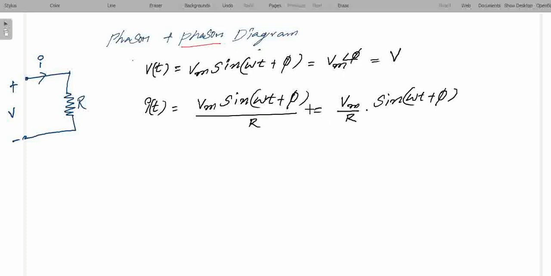If you observe here, V of t and I of t, let us consider this as equation number 1 and this as equation number 2. Let us draw a phasor diagram for this.